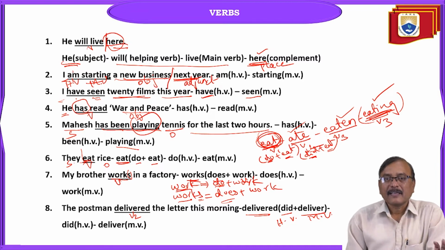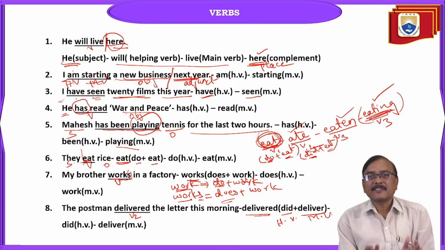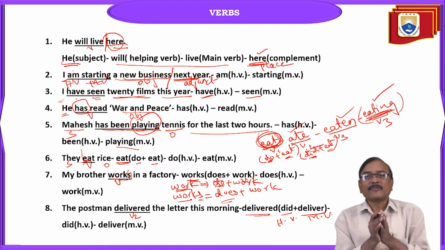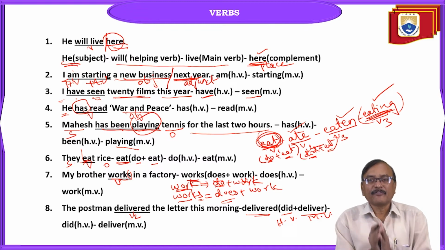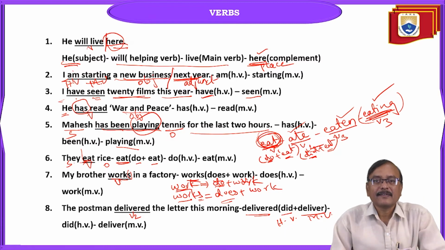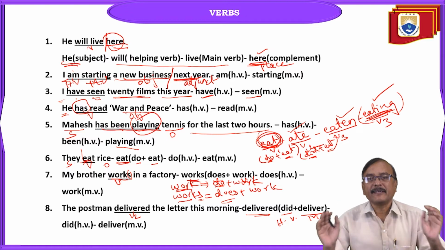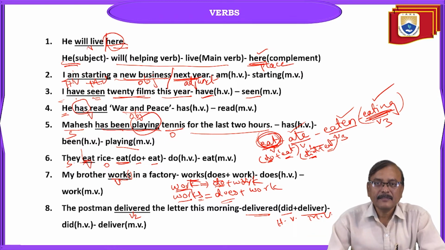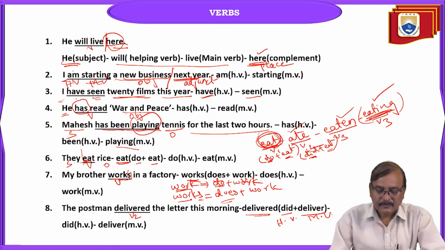Once we get command over the usage of the right verb form according to the period of its action, we get confidence in using different verbs for actions of different periods. Is it clear?